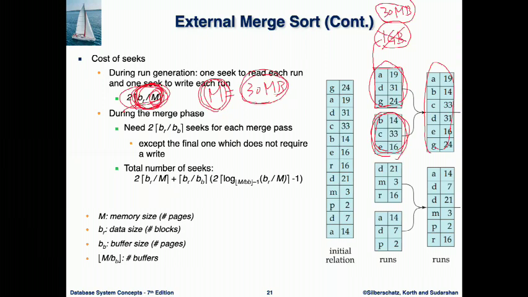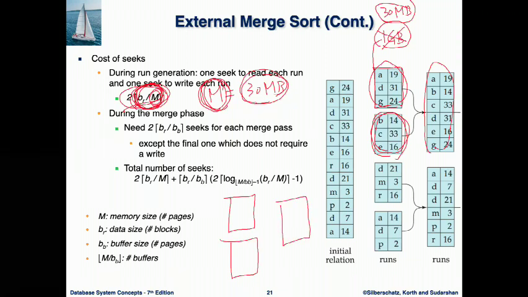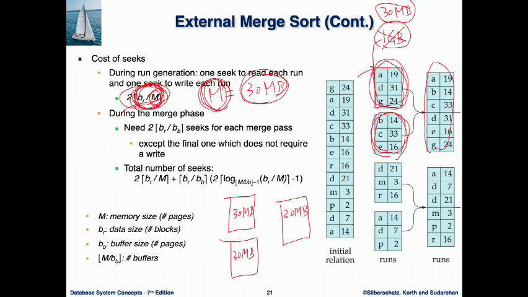And let's try to understand how many disk seeks we are going to have. There are 3 buffers: 2 buffers for input and another buffer for output purposes. And each buffer is 30 megabytes in size. So you need 1 disk seek to fully cover the data here.